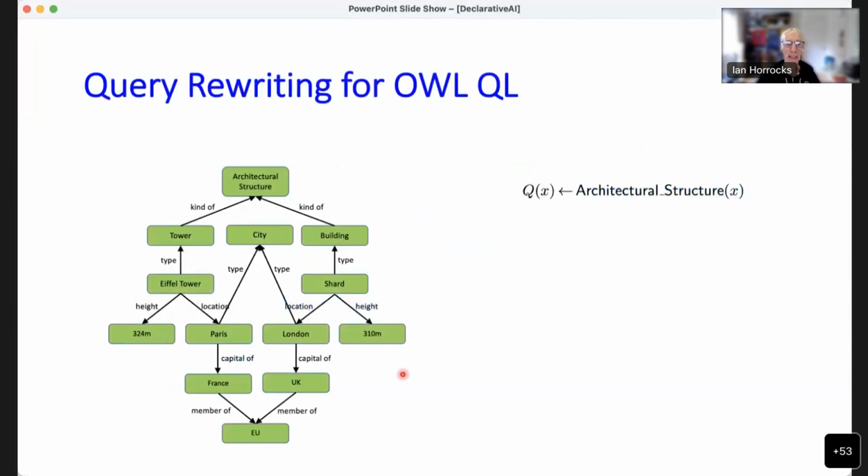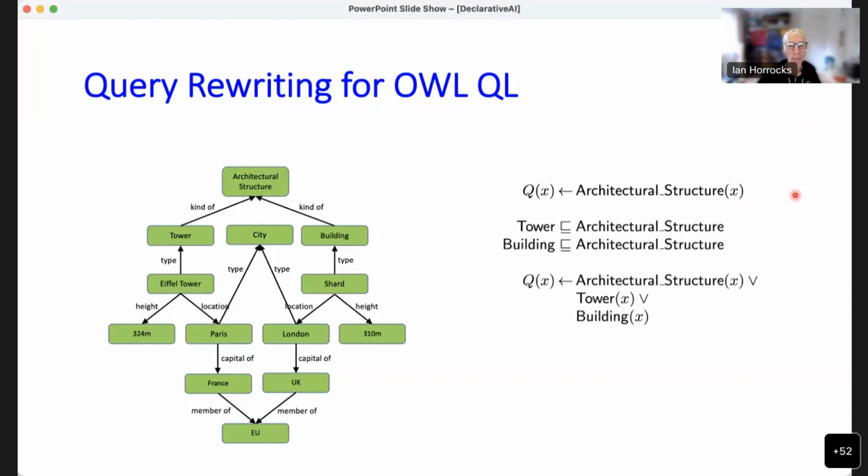So I'm just going to say a little bit about these query answering techniques. As I mentioned, for this OWL QL fragment, we can use query rewriting. And the way that goes, as a little example, is that we take this query, for example, for architectural structures, and we simply expand it by treating the axioms we have in our ontology as sort of backward chaining rules.